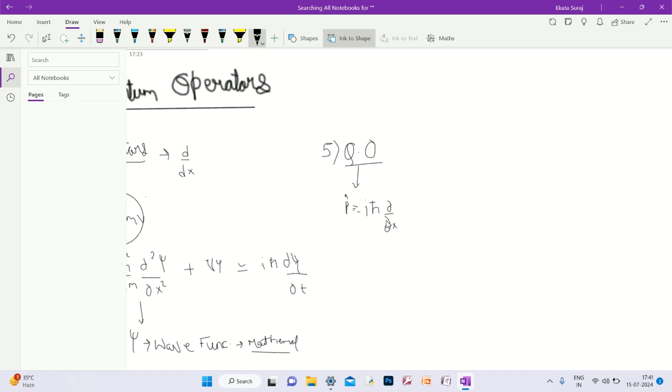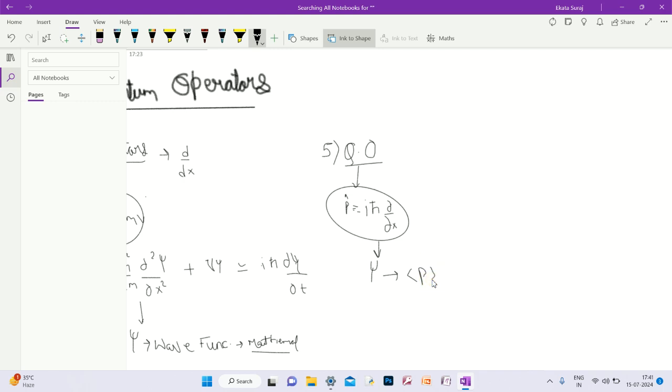So this is the formula of the momentum operator. It means when you apply this momentum operator formula to the wave function, to this particular psi, what you will get is the momentum.